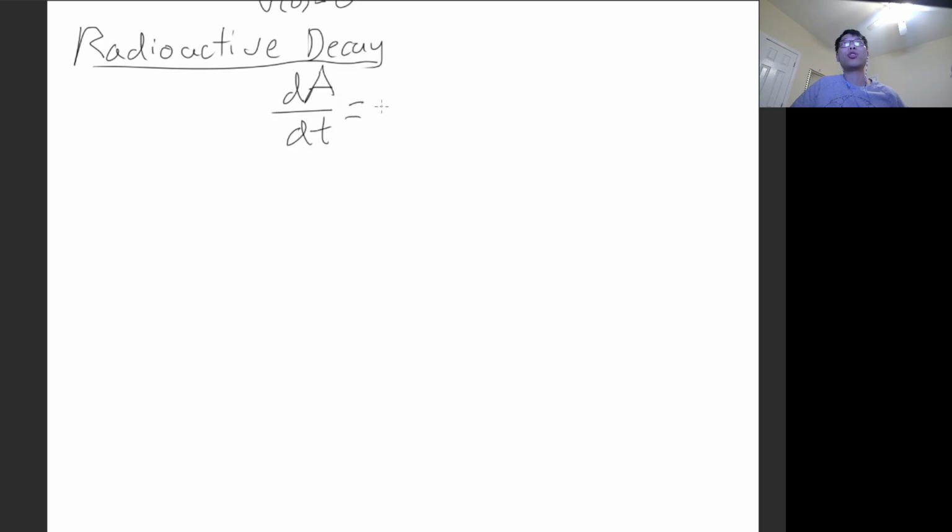Radioactive decay. Right, so there's another observation that we have, is that the rate of decay, dA/dt, is proportional to the amount of material that's remaining.